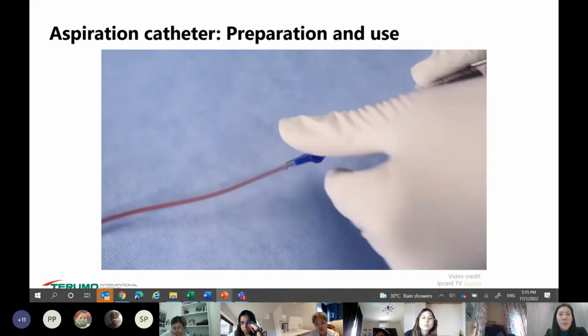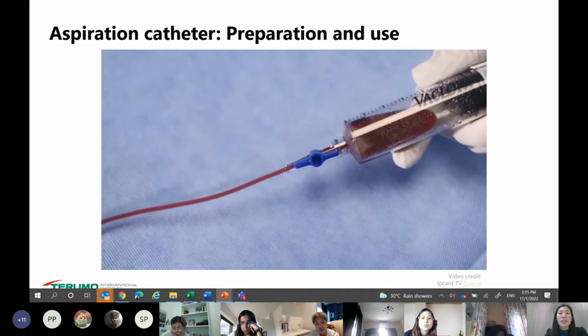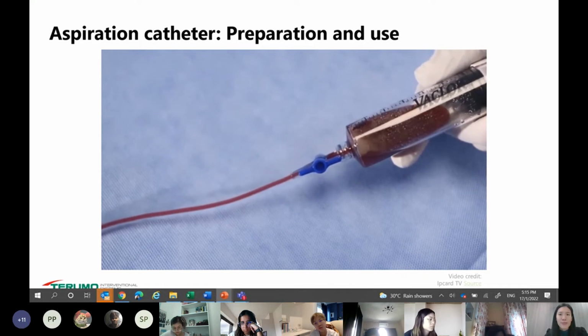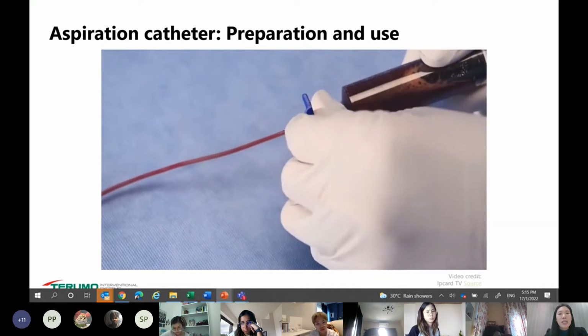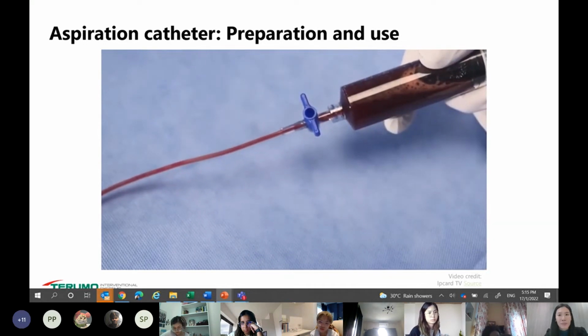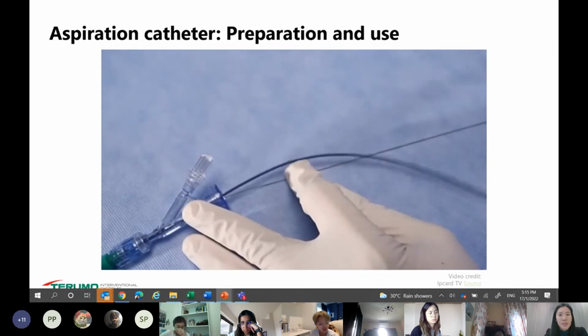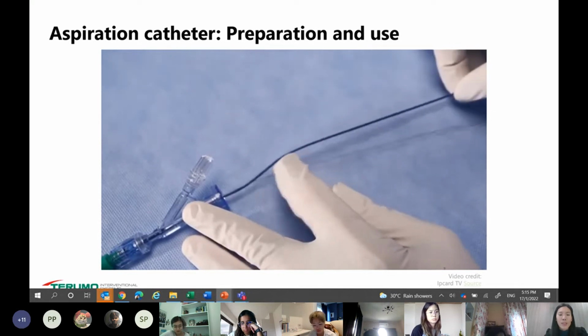And once they open the syringe and pull back, they'll be able to suck back on the blood clot. Once they're done, they can close it and then empty the content. So that's how the device is removed from the catheter.